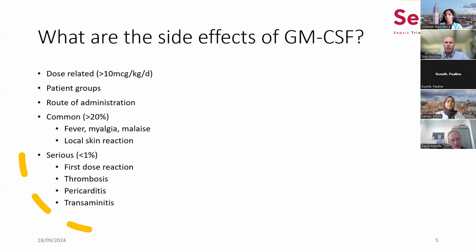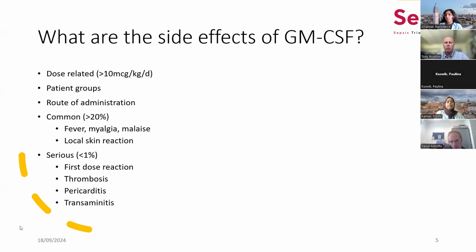And in terms of the reactions that happen on administration of GM-CSF, there are commonly occurring minor side effects such as fever, myalgia and malaise, so almost flu-like symptoms, and a local skin reaction. And there are more serious reactions that occur in less than 1% of patients. There is something described as a first dose reaction in which patients may become hypoxic or hypotensive.